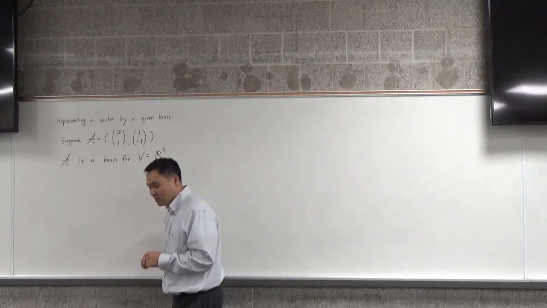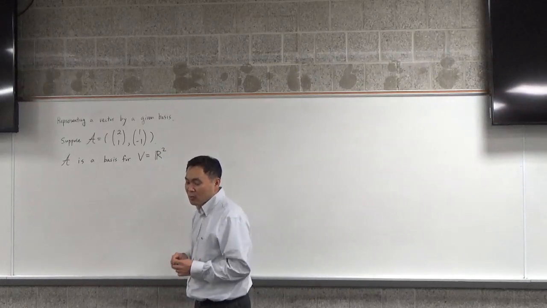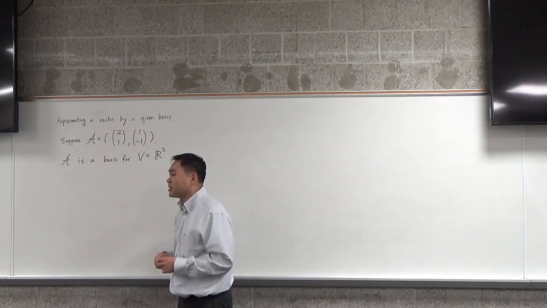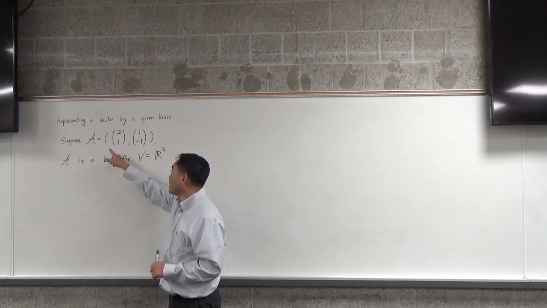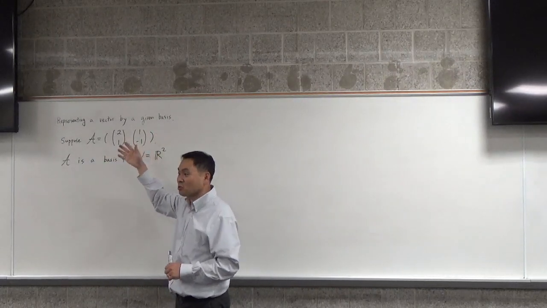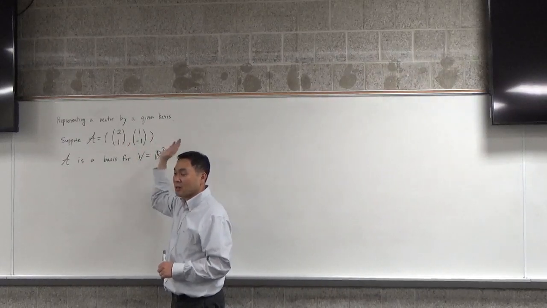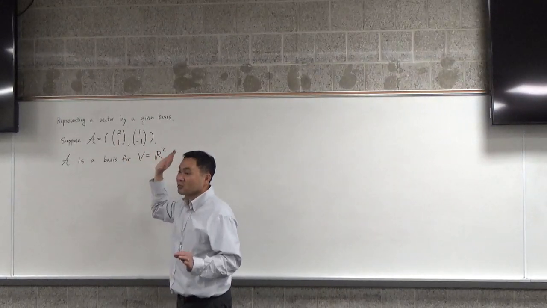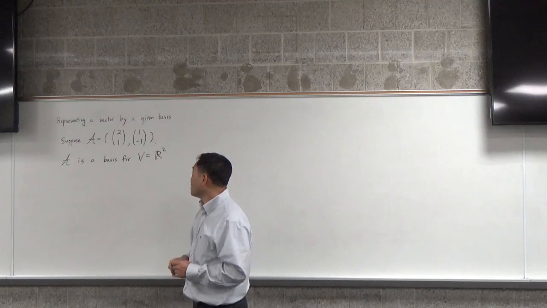They're not linearly dependent. Right? Of course, when it comes to formally proving it, you should actually say a times this plus b times this equals (0, 0), and solve it and show that the only way that could happen is when both a and b are 0. That's how you prove it.